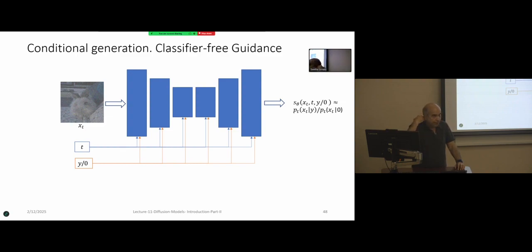The Nobel Prize, which was awarded last year in chemistry, they generated new proteins. So protein is again data. You get a lot of proteins, and each protein is a sample in the data distribution. Of course, you represent a protein as a structure: you have molecules, you have the X, Y, Z coordinates of each molecule, and you represent that.